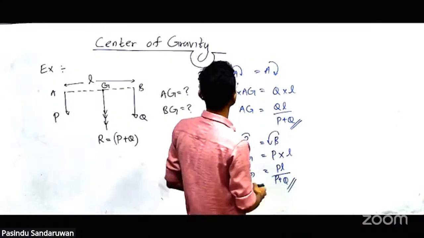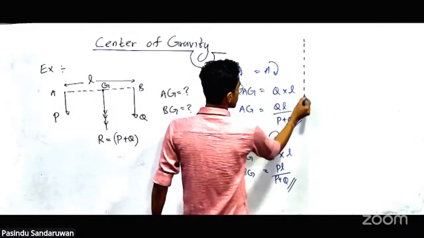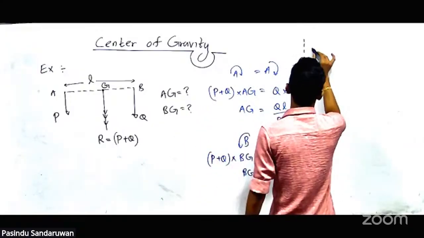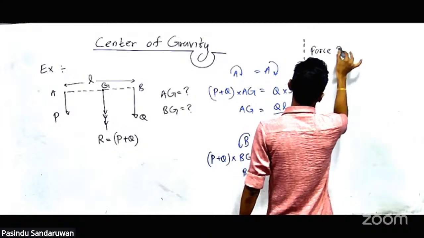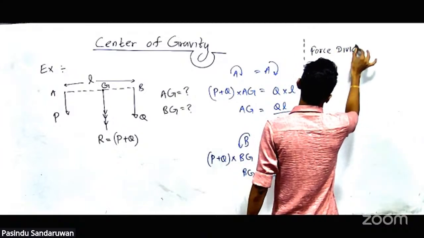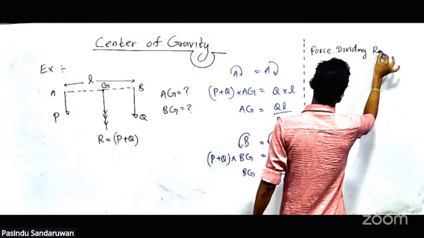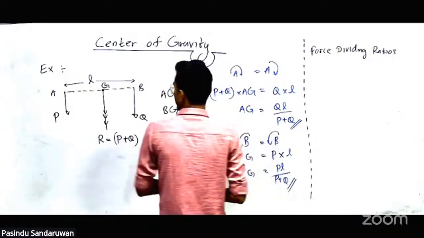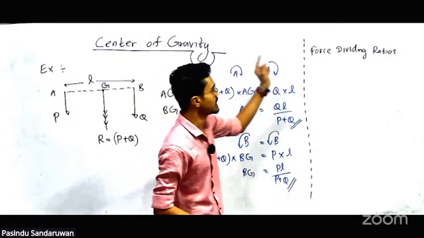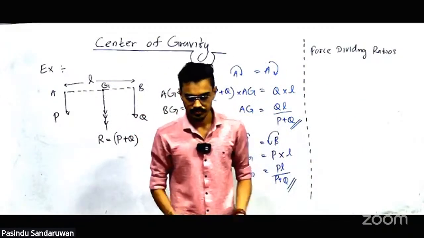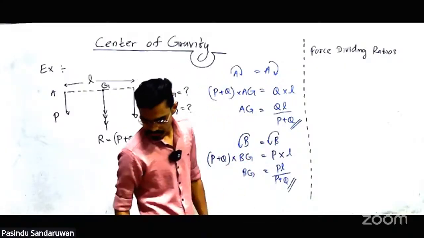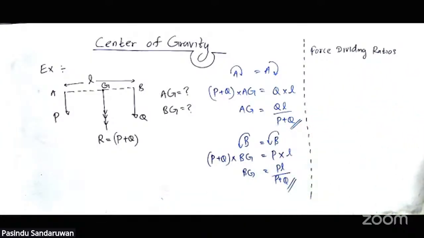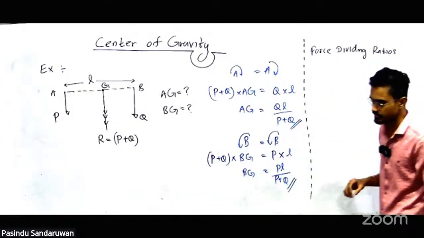This is called force dividing ratios. After taking this example down, take the heading as force dividing ratios.